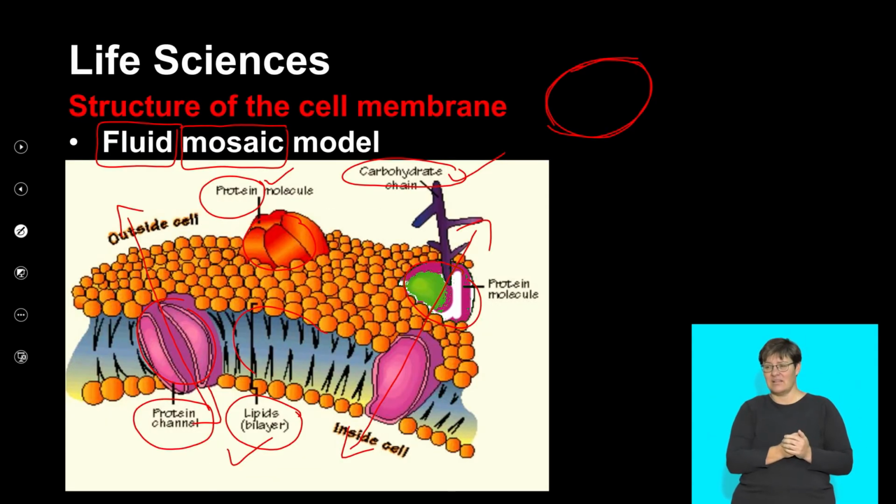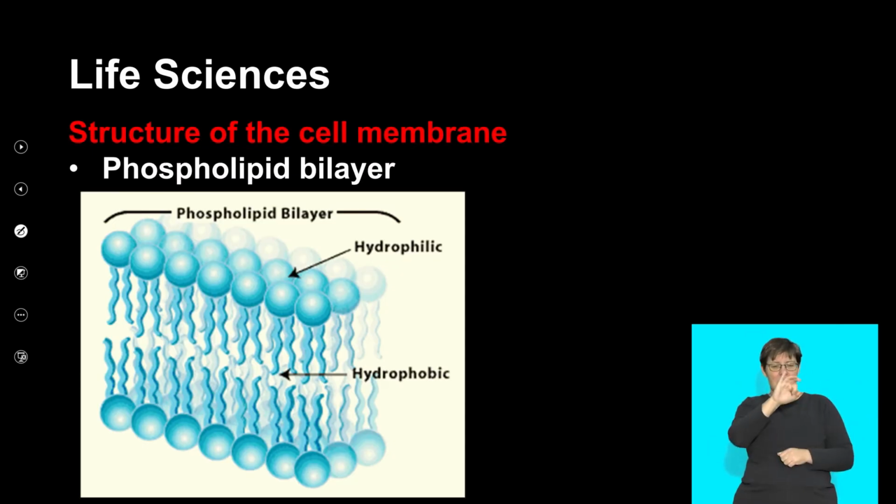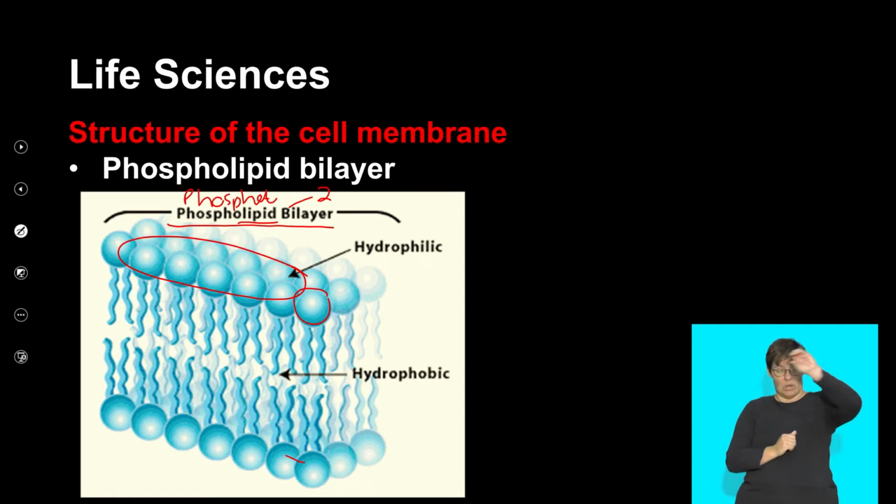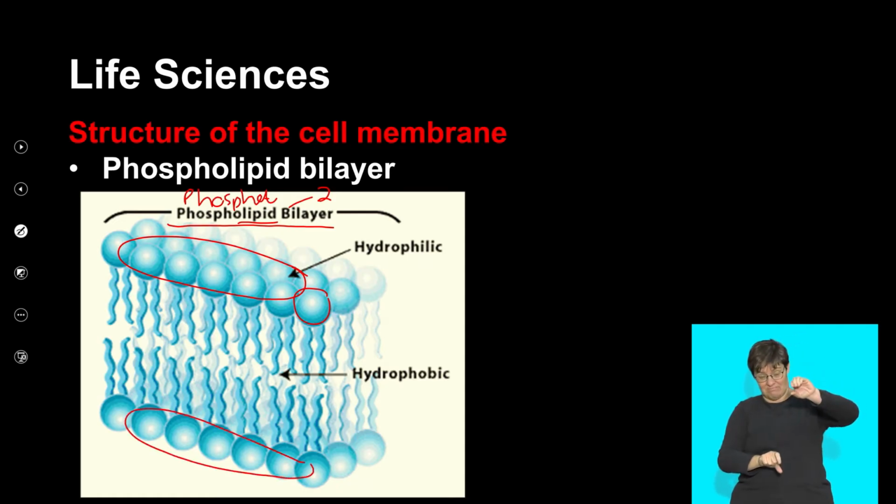These little yellow heads over here, these lipids. The cell membrane consists of all these, what we call a phospholipid bilayer. What does that mean? They're made up of a phosphate and a lipid. There we go. What does bi mean? Two layers. Top and a bottom. Actually, an inner and an outer.